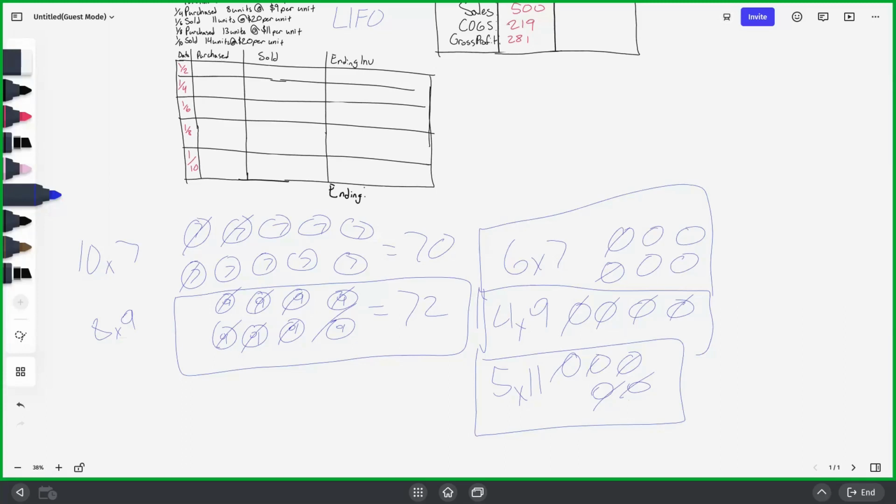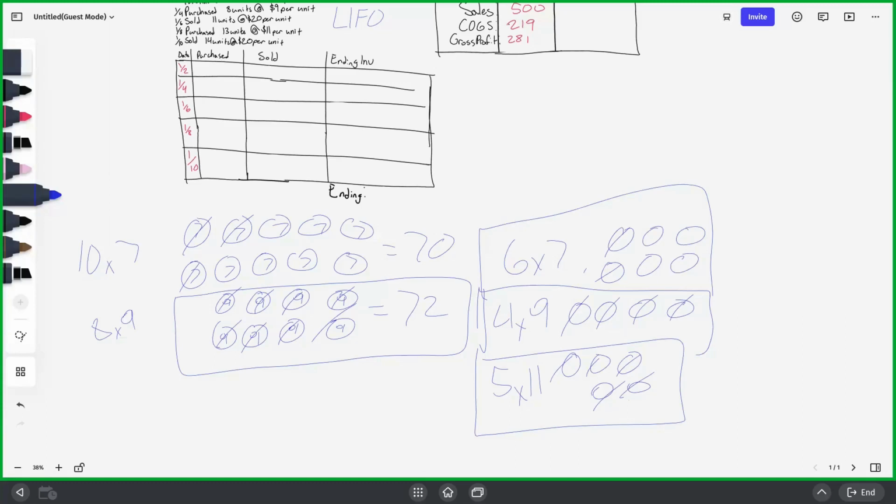The ending inventory is all that you're ever going to pull from, because that's how we know what is in the back room, in the warehouse, what we have available for sale. These are all the goods available for sale. So we organized it this way: we bought these 6 units for $7 Monday, these 4 units for $9 Tuesday, and Wednesday today, we bought these 5 units at $11.